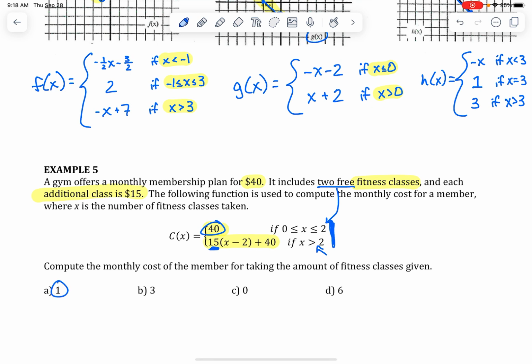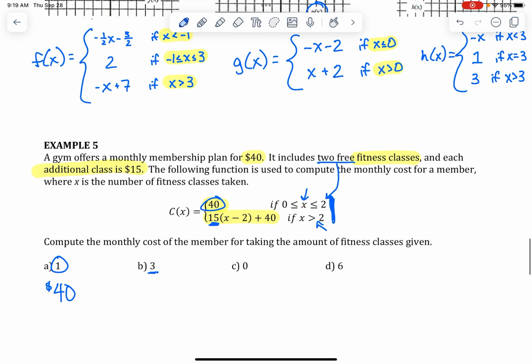So when x is 1, obviously x is 1, that's between 0 and 2, your cost is $40, right? You probably didn't need to do math for that. It just was common sense. Since you had 2 free classes, if you only take 1 class, it costs you $40. If you take 3 classes, you can think of it as one of 2 ways, 40 plus the additional 15, or if you wanted to get mathematical, you could plug in the 3 into the bottom function.